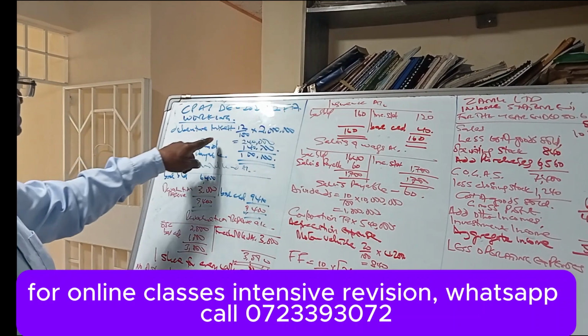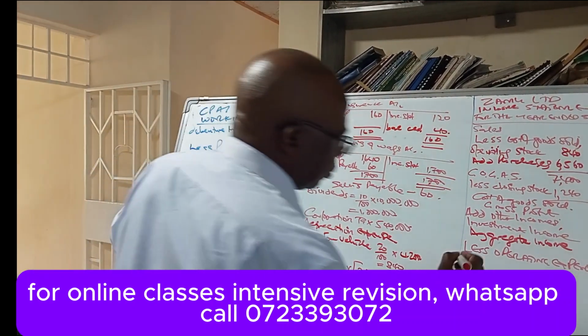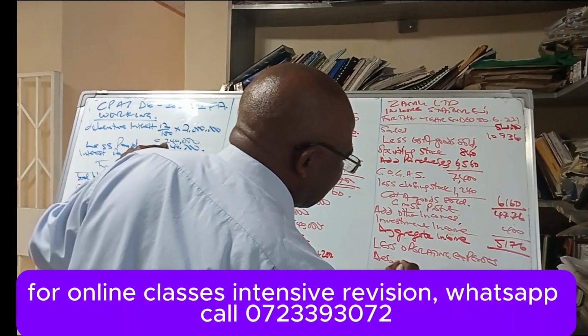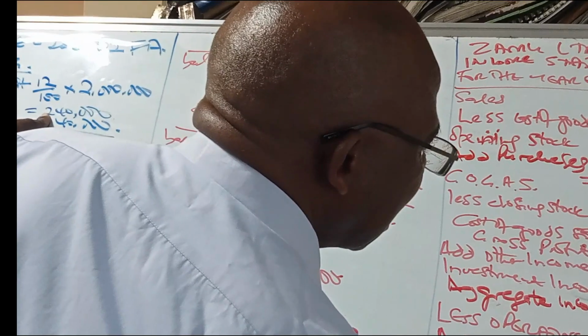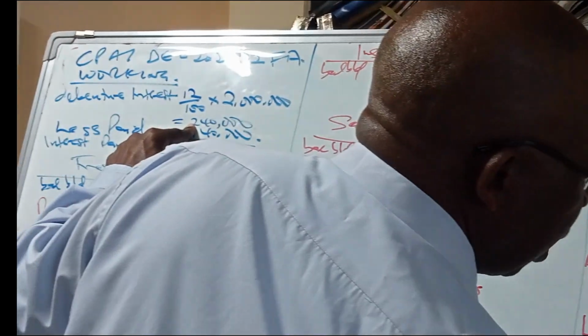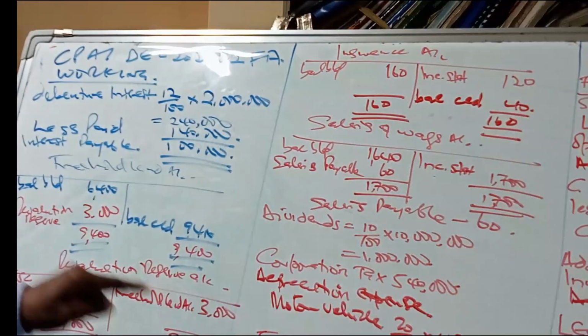So we say the debenture interest is 240. What was incurred, not what was paid.